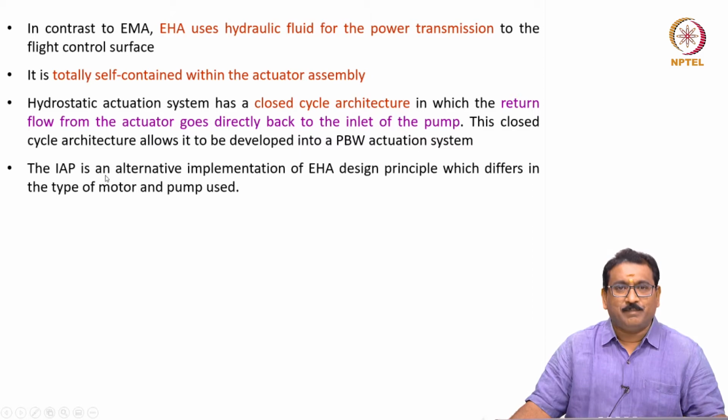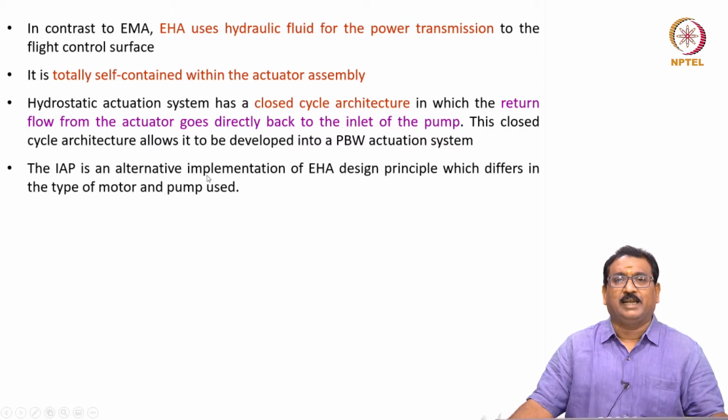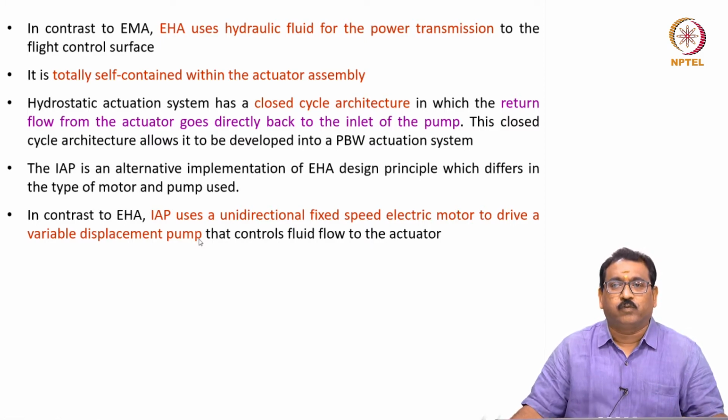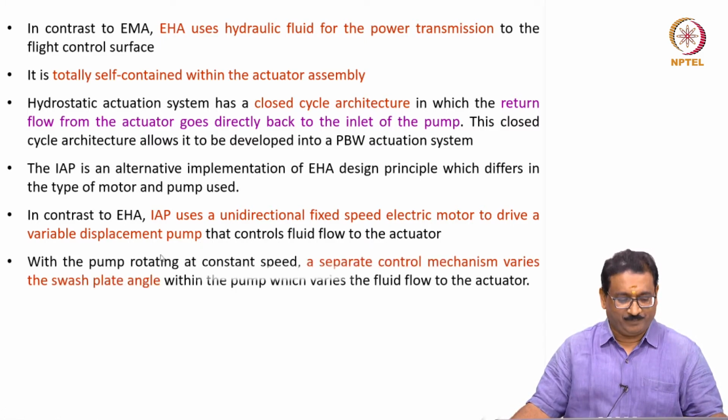The IAP is an alternative implementation of the EHA design principle, which differs in the type of motor and pump used. In contrast to EHA, IAP uses a unidirectional fixed speed electric motor to drive a variable displacement pump that controls fluid flow to the actuator.